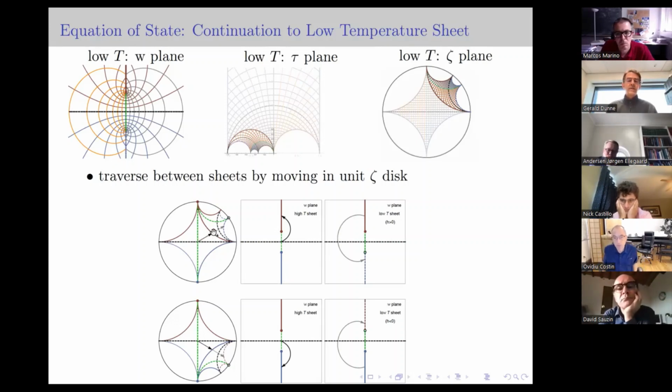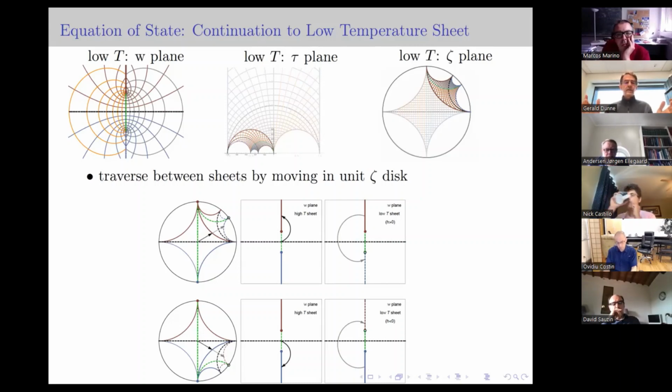I cross here, nothing dramatic happens. I just automatically pass onto the next sheet. And then if I go this way, I cross this again and go this way. Had I decided in the unit disk to go this way, I would have just rotated the other way and crossed onto the low temperature sheet in a different direction. Okay? And the point here is, all I need to do to implement this, to cross sheets, is absolutely trivial.